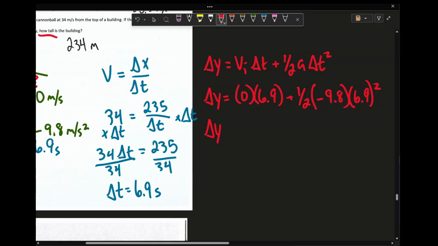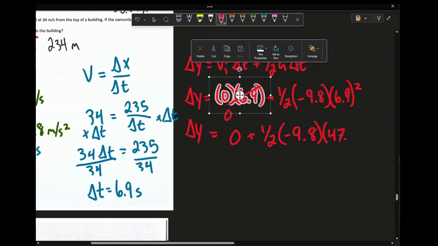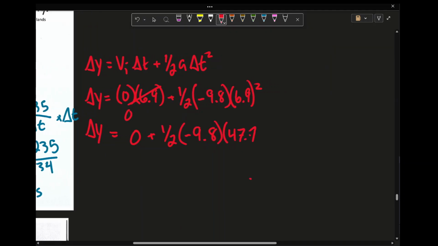So we can drop this term to 0, so that's 0, plus, I'll do this slowly. We do have to square only the time. And that is going to end up being 47.77.